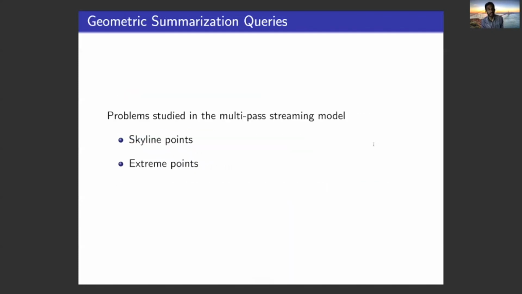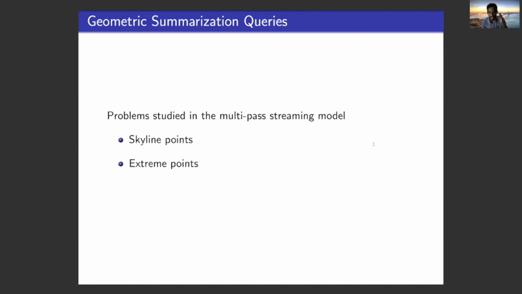In this work, we study two problems in the multipass streaming model. The first is the Skyline points problem, and the second is the extreme points problem. The Skyline points problem is also called the maximal points problem in the computational geometry literature. These are geometric summarization queries because the input is a huge set of n points and the output is a subset of them.